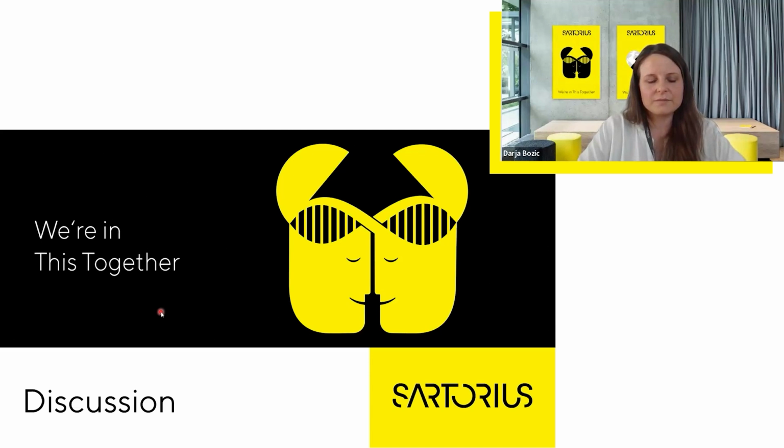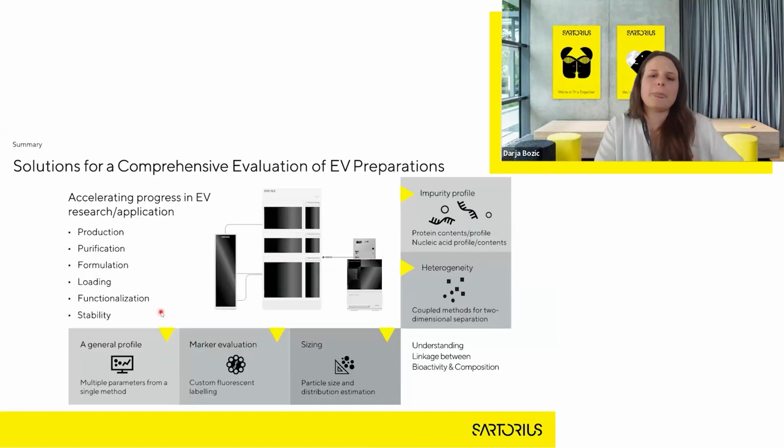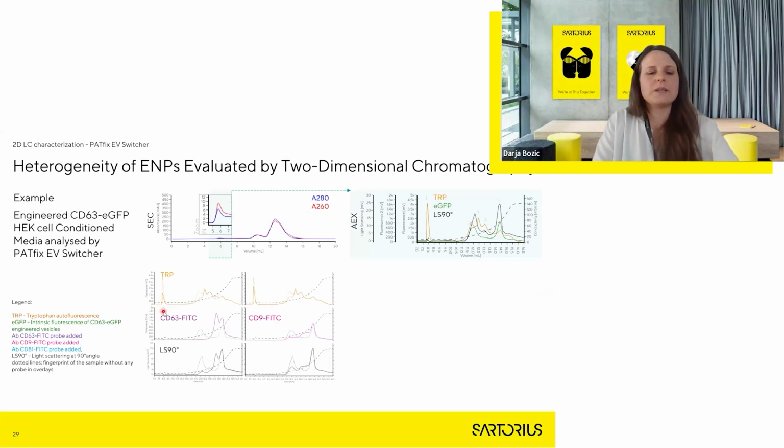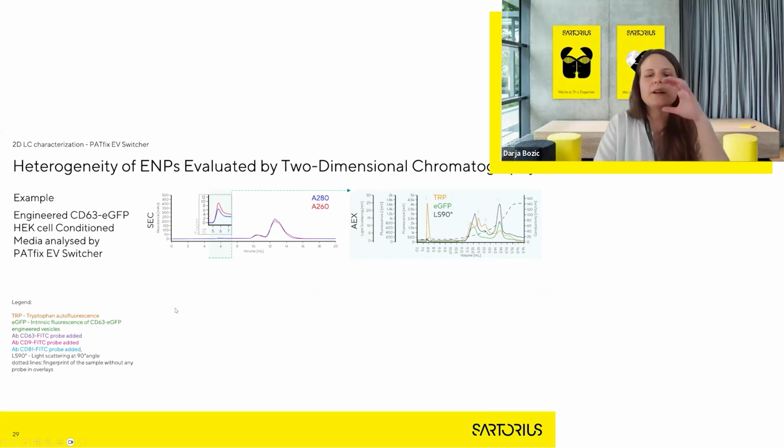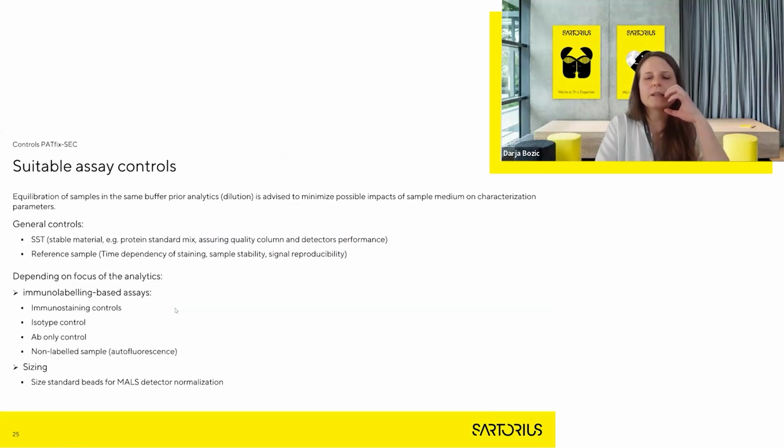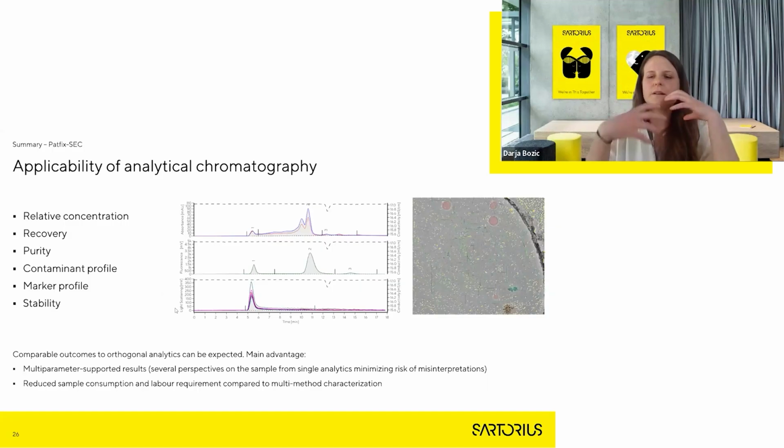What are the biggest current bottlenecks you see in EV isolation and characterization workflows? Actually, as I said, we are so focused on trying to find EVs in the samples that we kind of forget about everything else that is present in the samples.